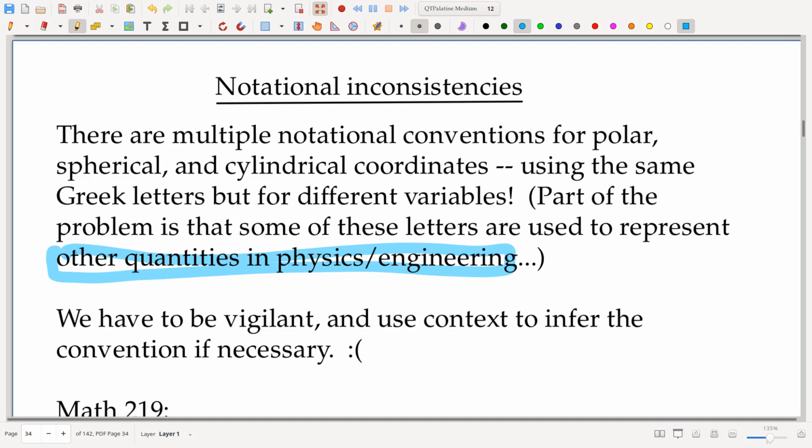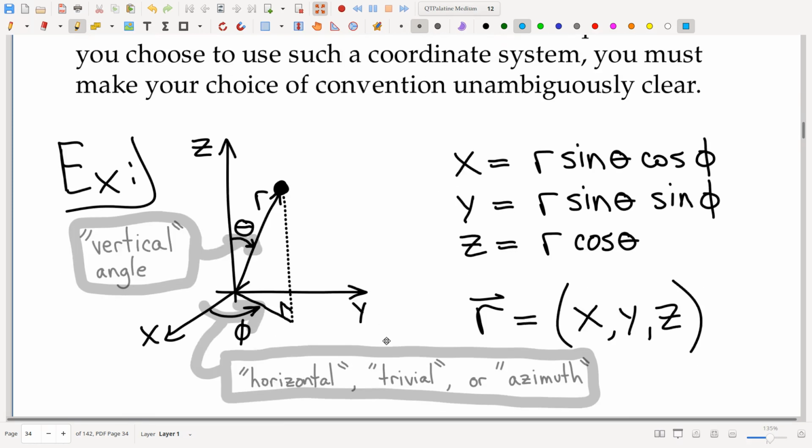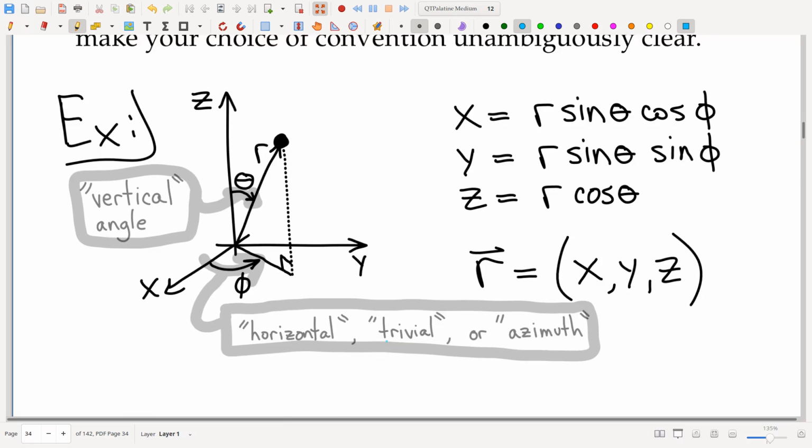They make different choices, and it'd be nice if one would just be the settled winner and you would never see any conflicting notation anywhere else. It seems just not to be the case, at least not yet. So you've got to be aware of stuff like this. Very common notation. I saw this kind of thing in my physics classes on the regular.